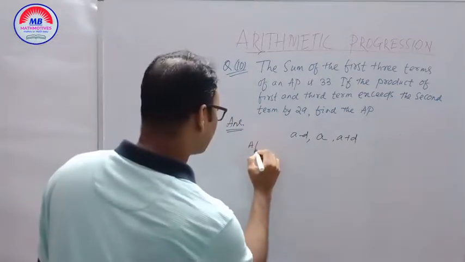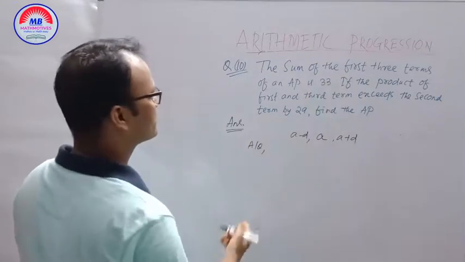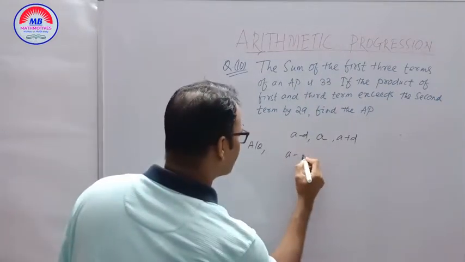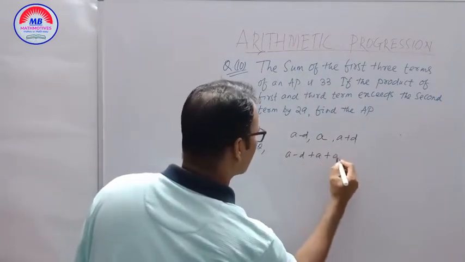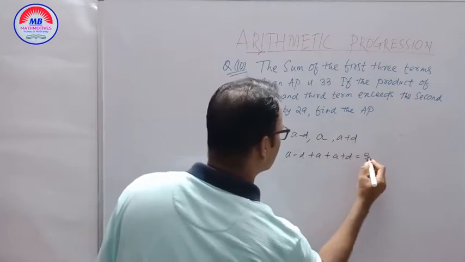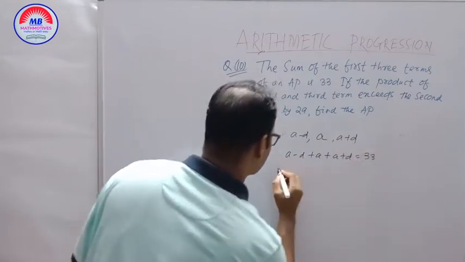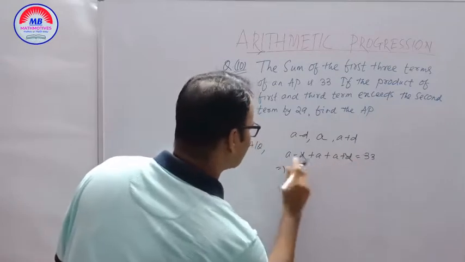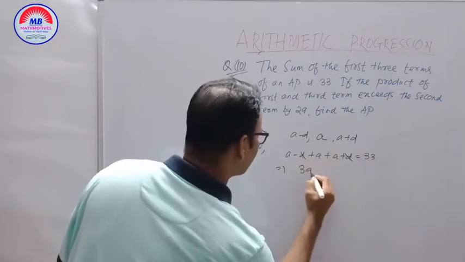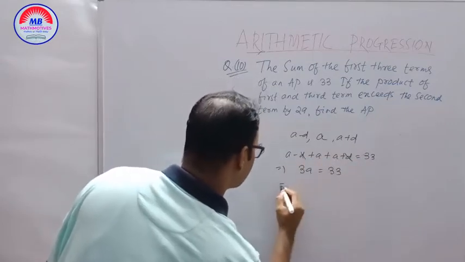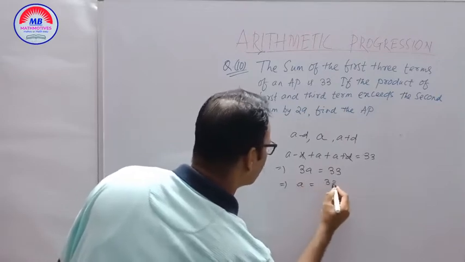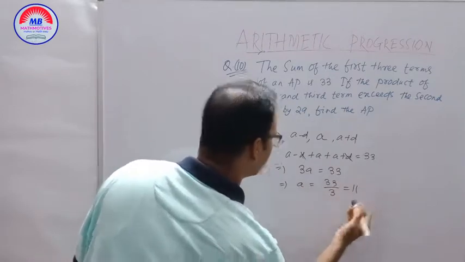According to the question, the sum of 3 terms of an AP is 33. A minus D plus A plus D equal to 33. That implies A plus A plus A, 3A is equal to 33. That implies A equal to 33 by 3 equal to 11.